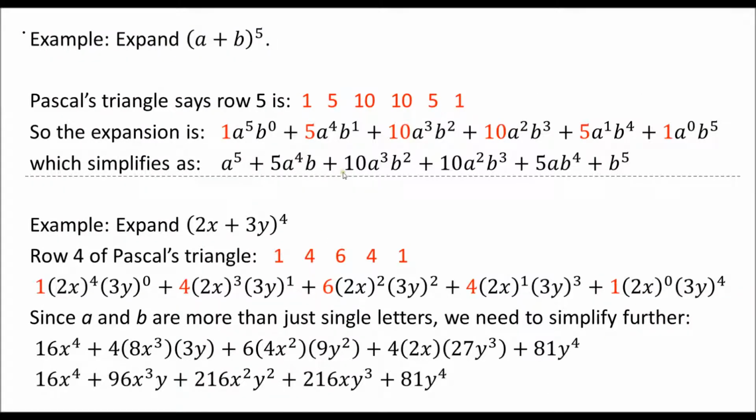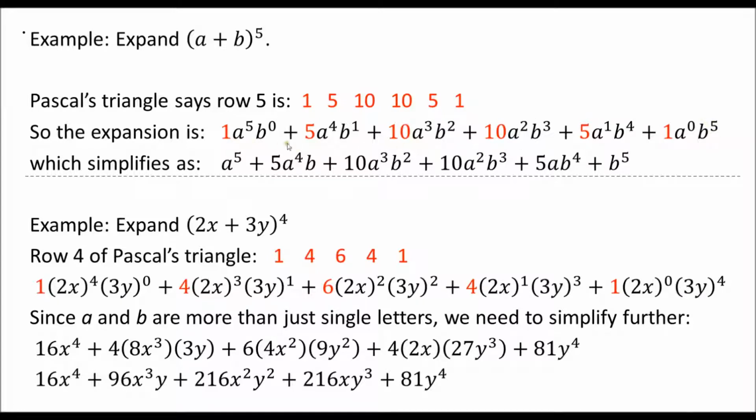These numbers, okay? That means the expansion at the beginning of each term is going to be 1, 5, 10, 10, 5, 1. And A is going to start at the 5th power because it was raised to the 5th power, and it's going to go down by 1 each time. B will start at 0 and go up by 1 each time until it gets to 5.